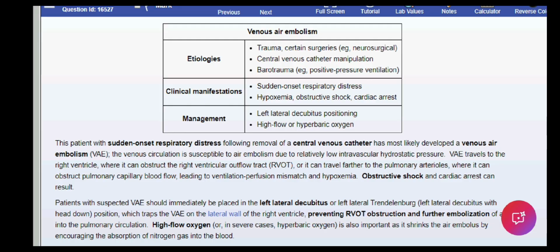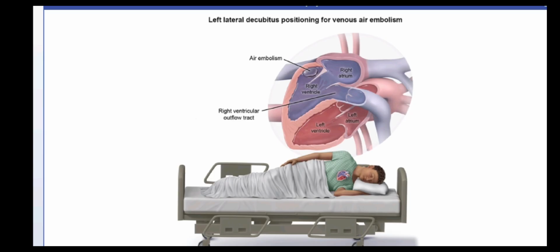So just in bold, we have sudden onset respiratory distress after removal of a central venous catheter. This is venous air embolism. This causes obstructive shock and at the end cardiac arrest. So the best way is to put the patient in this lateral decubitus position.